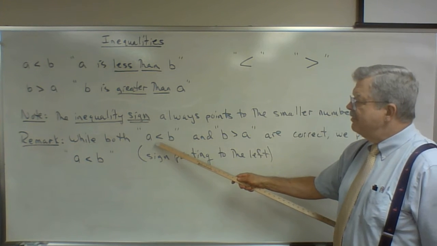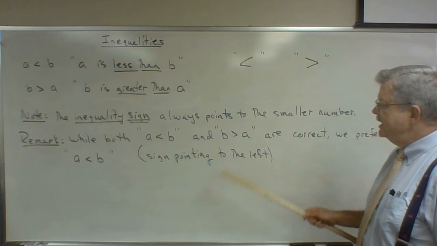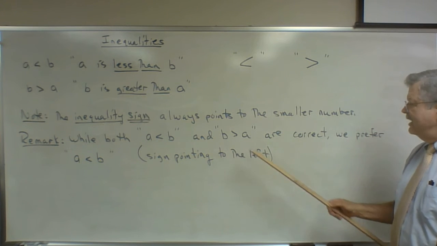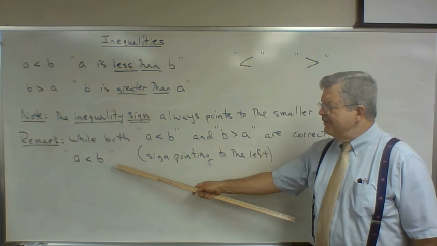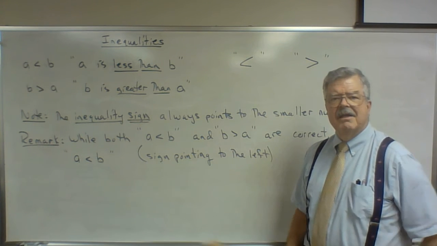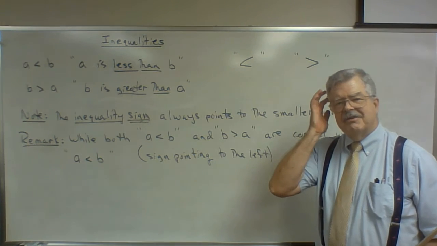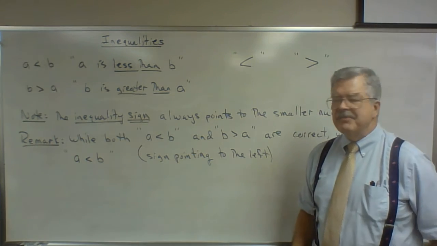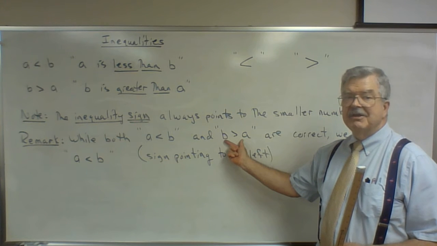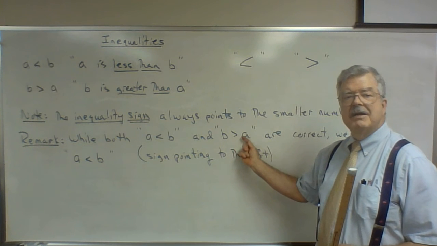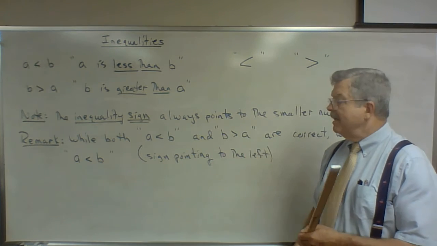And while both A less than B and B greater than A are correct, we prefer writing it this way. And that's not something that we have to do every time. There will be situations when we write this expression with the inequality sign pointing to the right.